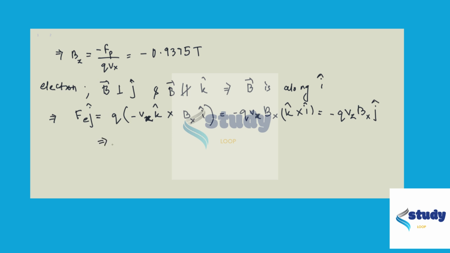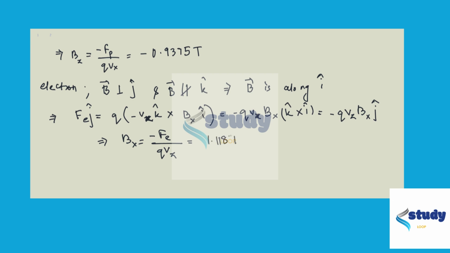This gives Bx to be Fe over negative Fe over Q times Vz, and we get this value to be 1.118 Tesla. Q is negative here because this is the charge of the electron.